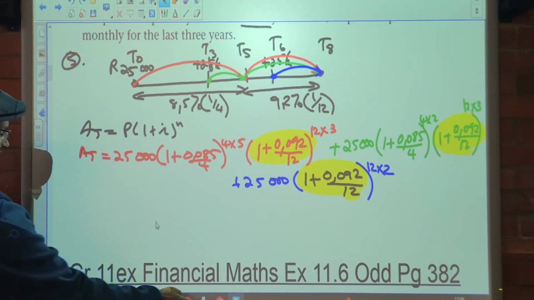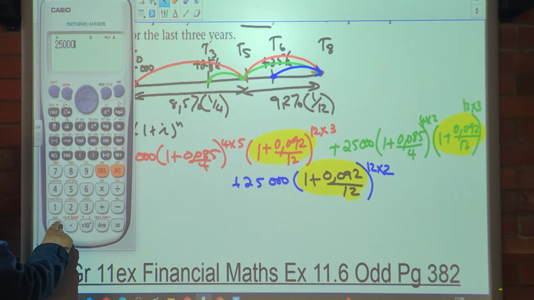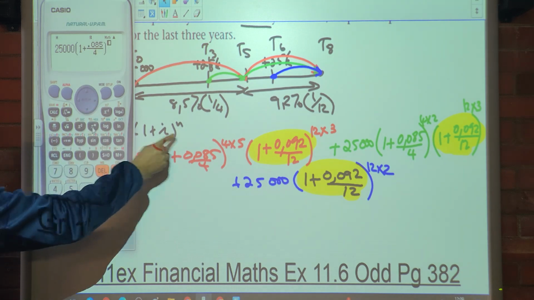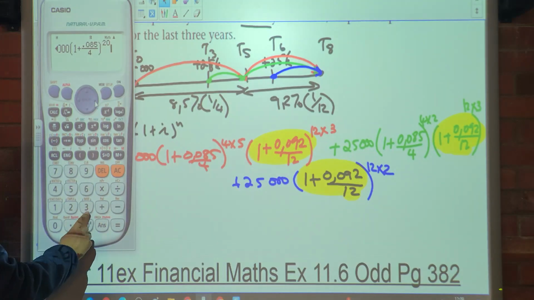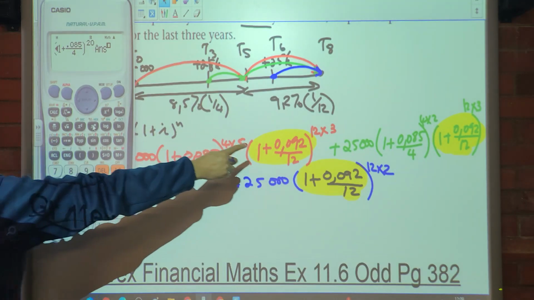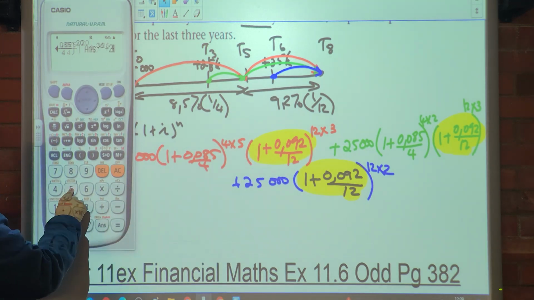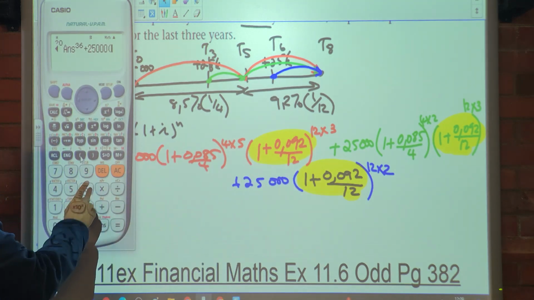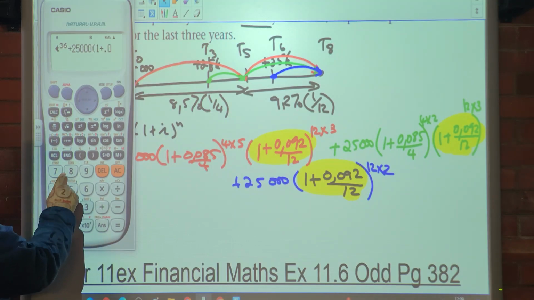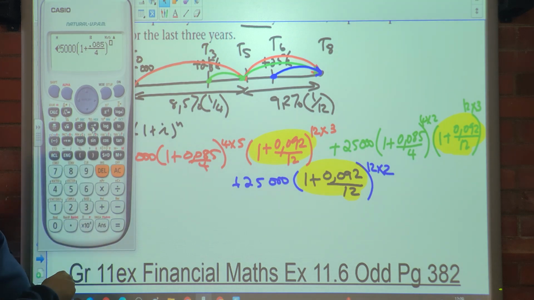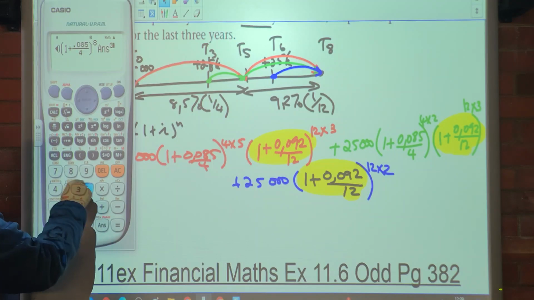So let's go, it's going to be 25,000 into 1 plus 0,085 over 4 to the exponent 20 times answer to the exponent 36, plus 25,000 into 1 plus 0,085 over 4 to the exponent 8 times answer to the exponent 36.